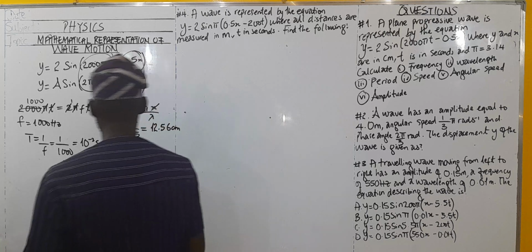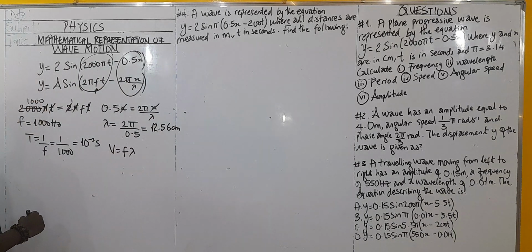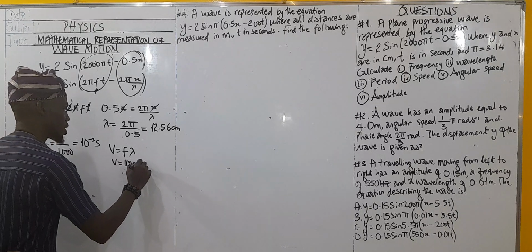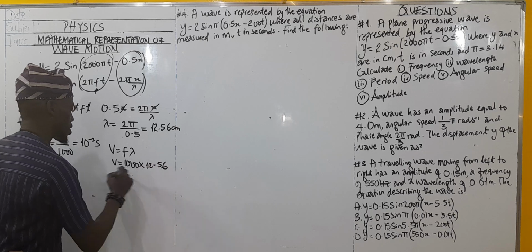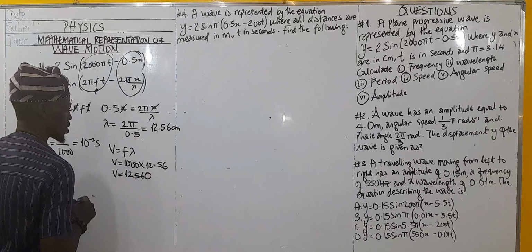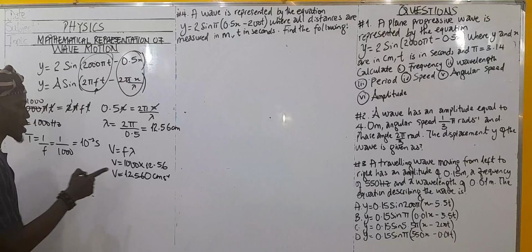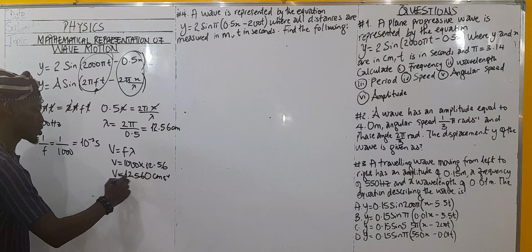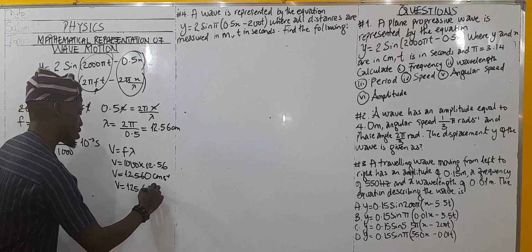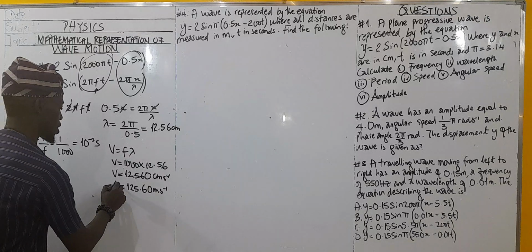To find the speed, we know v = fλ. So v = 1000 × 12.56 = 12,560 centimeter per second. In meter per second, I will divide by 100, so v = 125.60 meter per second. So this is the speed.